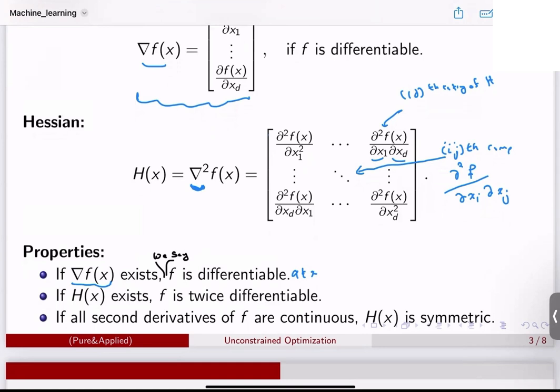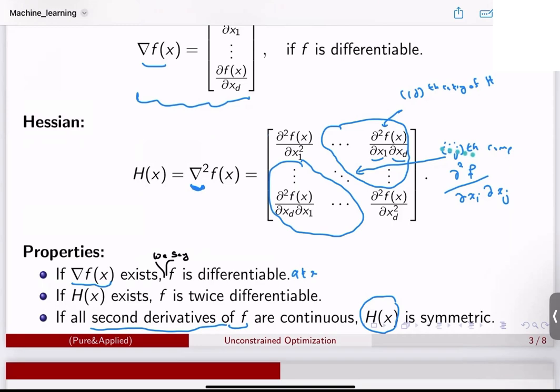And an important thing to remember: if all the second derivatives of f exist and are continuous, then this matrix H has to be symmetric, right? So the entries above the diagonal should be the same as the entries below the diagonal. This is nice to remember.